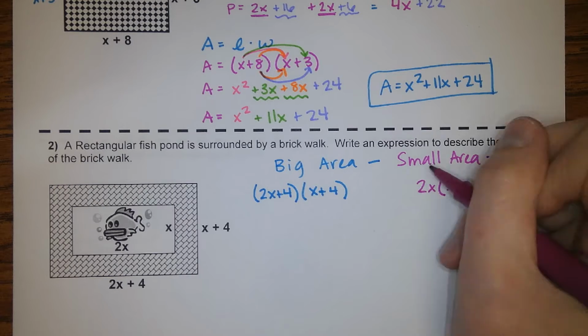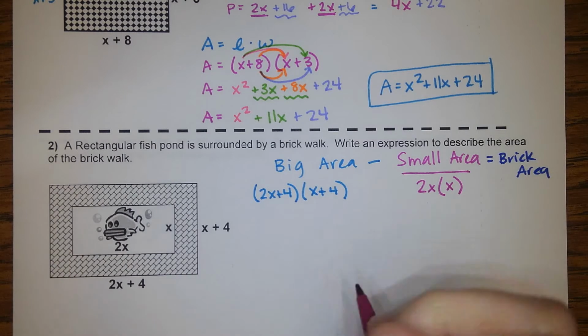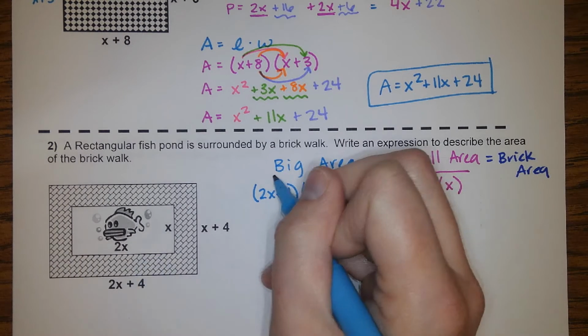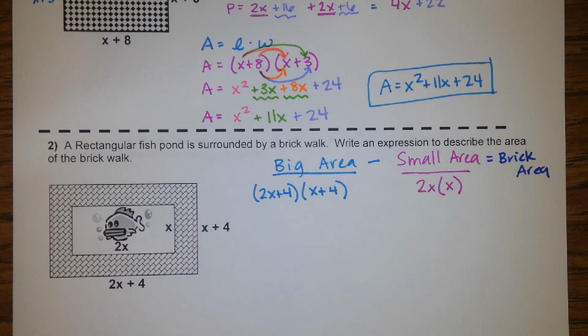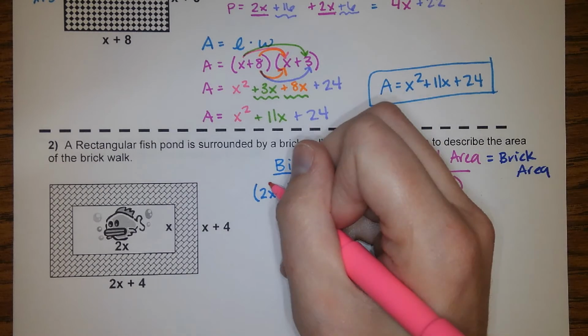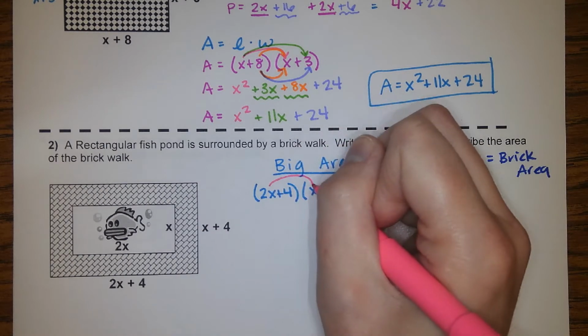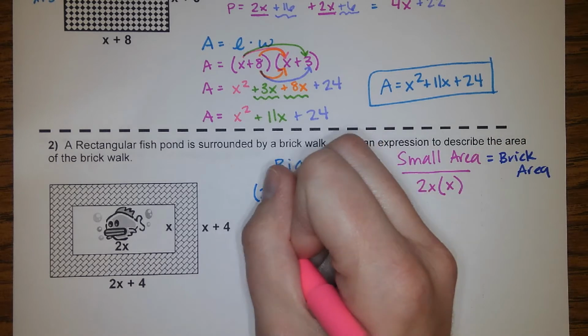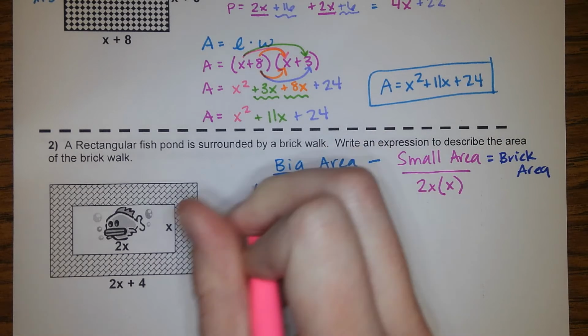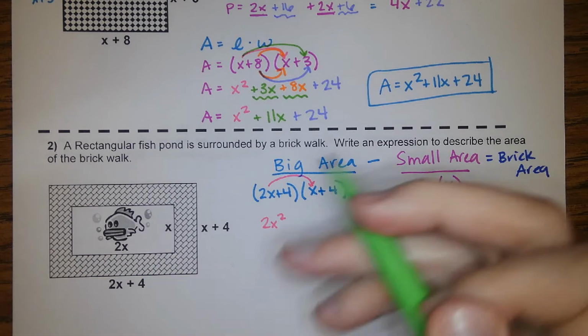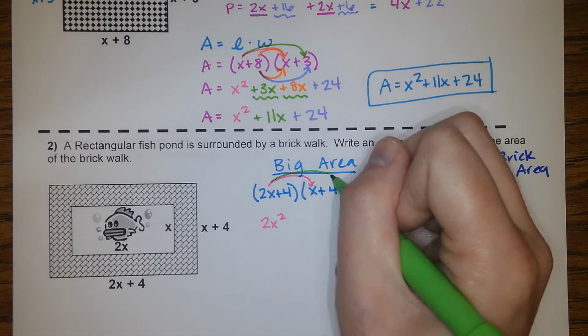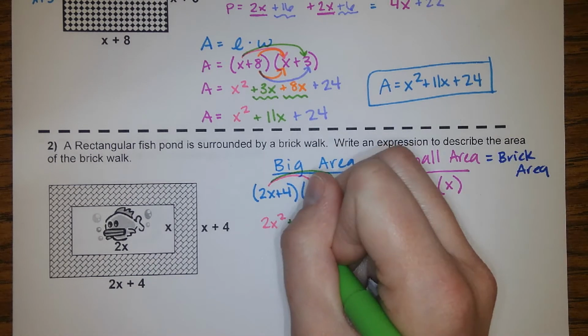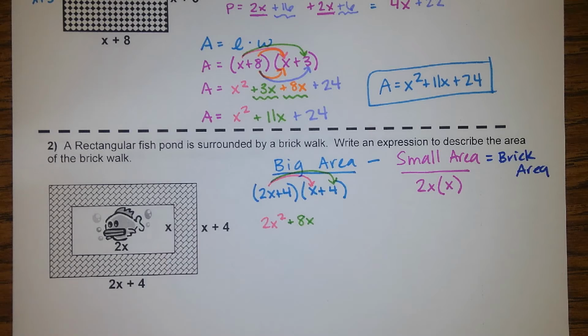Okay, so this is our small area, and this one is our big area. So the big area one, let's go ahead and do that one first. First I'm going to do this first term times that first term, so that's 2x times x, which will give me 2x squared, okay? And then we're going to do 2x times 4, which will give me 8x.